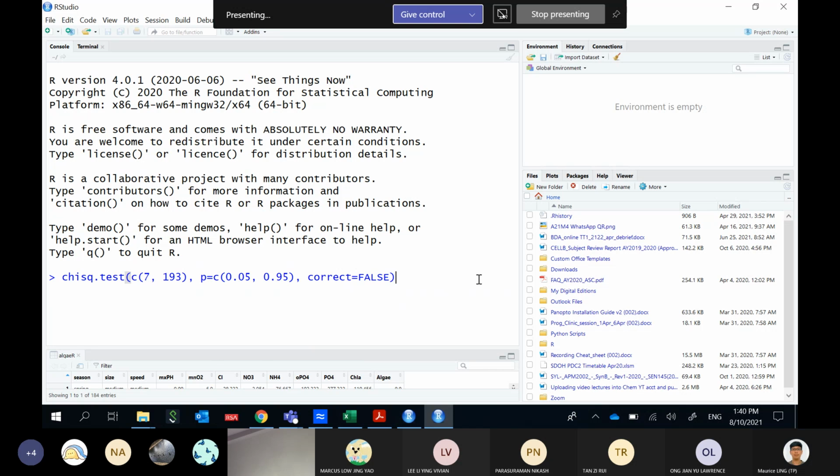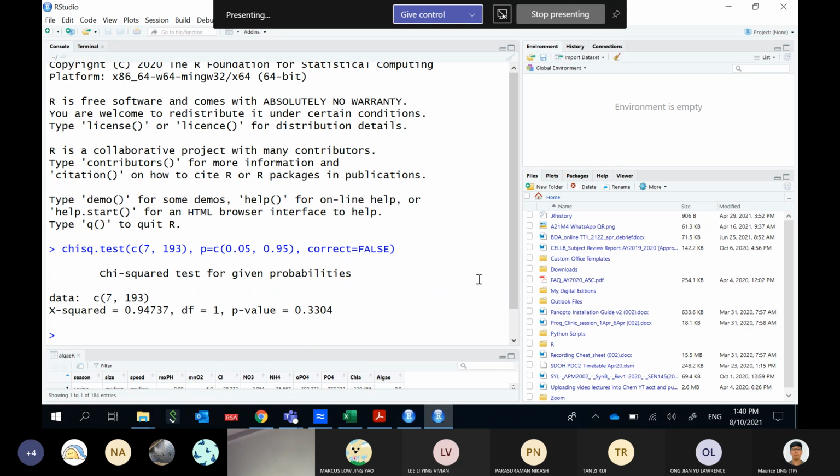So that is your chi-square calculation for R. And you get the statistic as this. So the p-value is identical with what you have in your Excel.